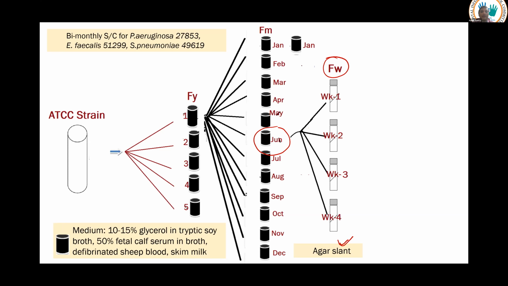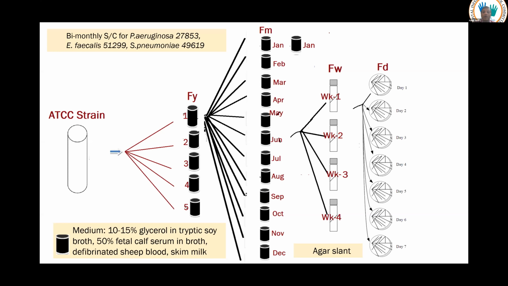The weekly subcultures you can keep at minus 20, which is good enough. Otherwise the best is you can keep them at 2 to 8 degree centigrade, which is also acceptable.